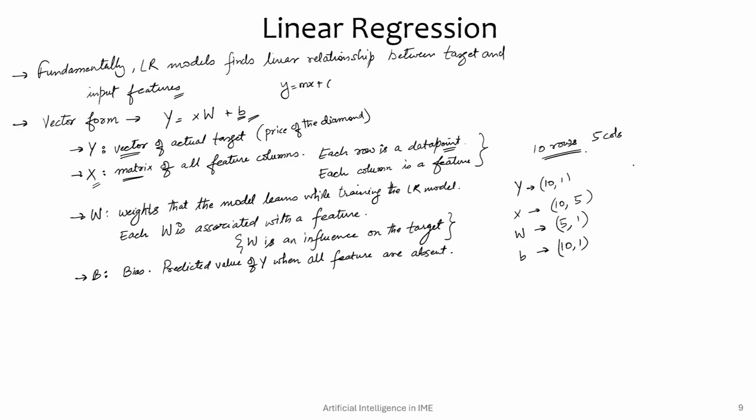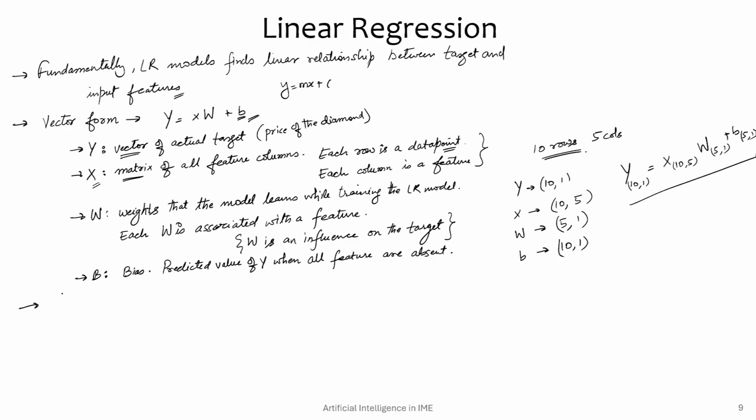So if you now write this again as y of 10 comma 1 is equal to the x matrix of 10 comma 5 with the matrix product with w of 5 comma 1 plus b of 10 comma 1. So now you can easily see the matrix product, from the right hand side, will lead to 10 comma 1. Okay. So this is a valid equation of the vector form of linear regression.